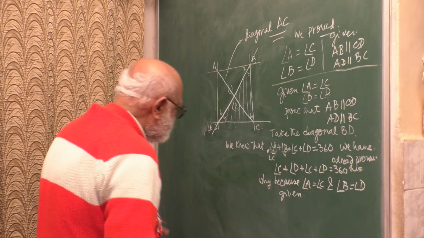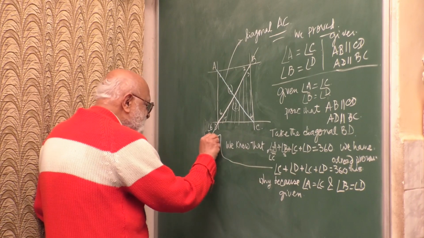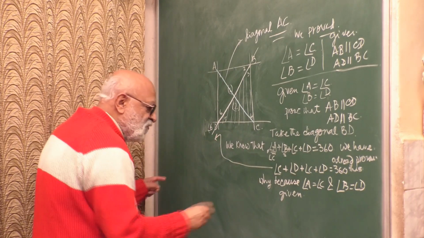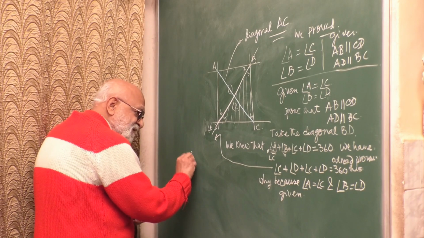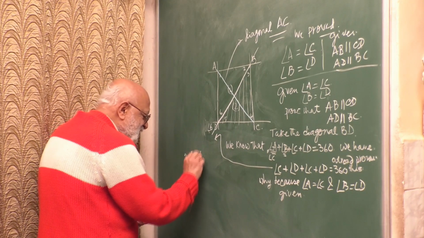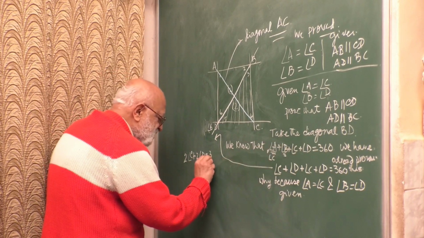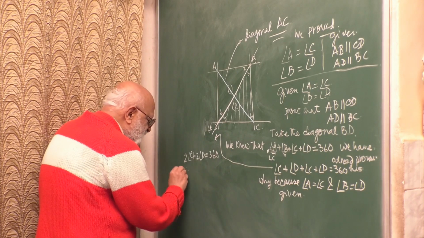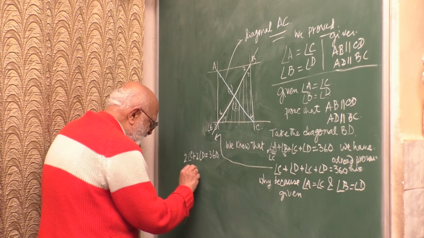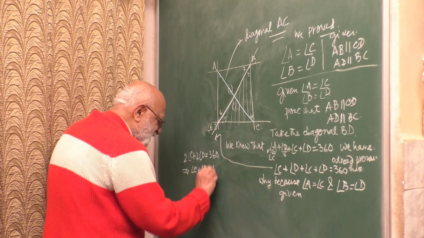So if I start using this side of the board, then it will be twice angle C plus twice angle D is equal to 360. Right? No problem? Okay. Therefore, from here I can go to angle C plus angle D is equal to 180.